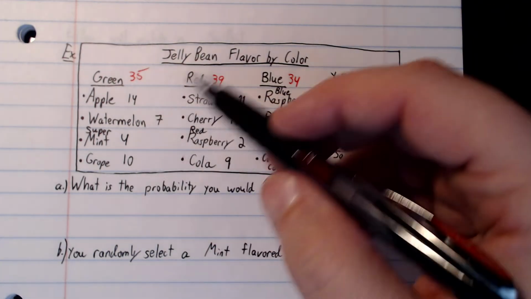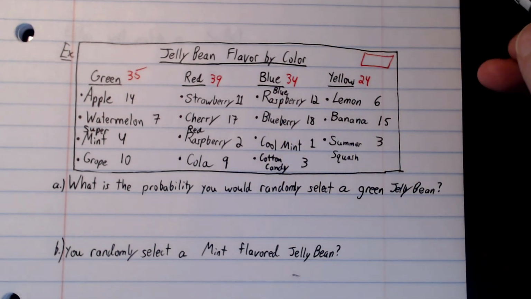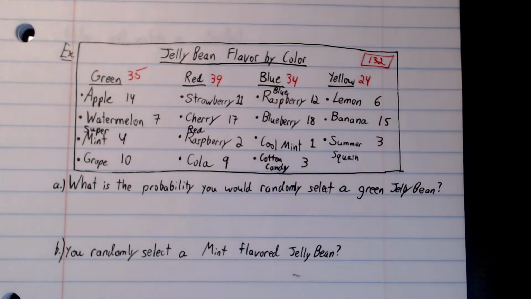So these are the individuals for the categories. Overall, inside of this bag, 35 plus 39 plus 34 plus 24 is 132 jelly beans.